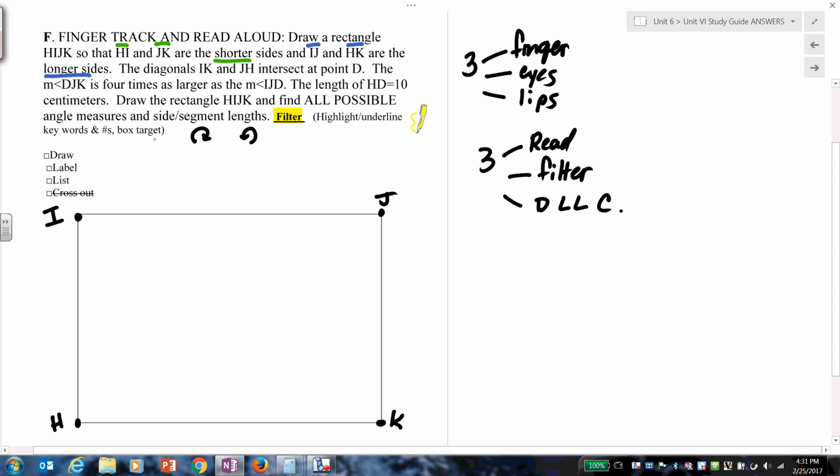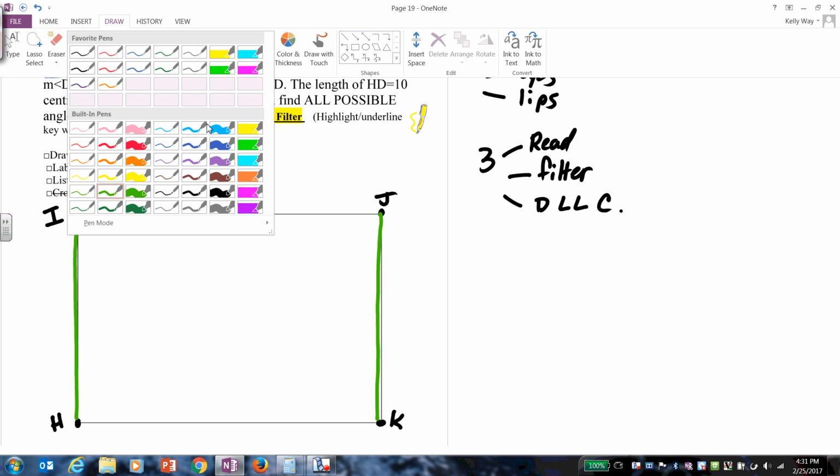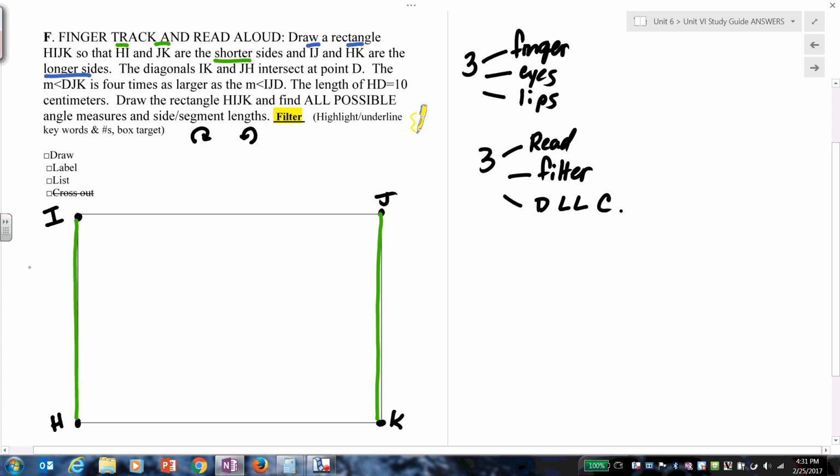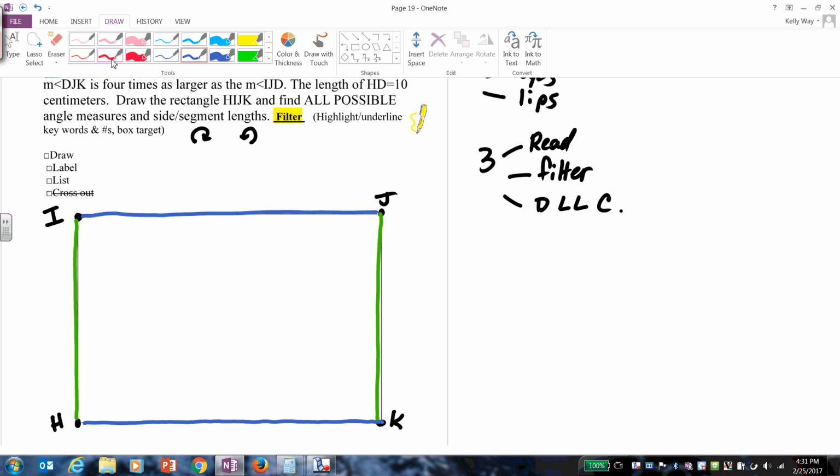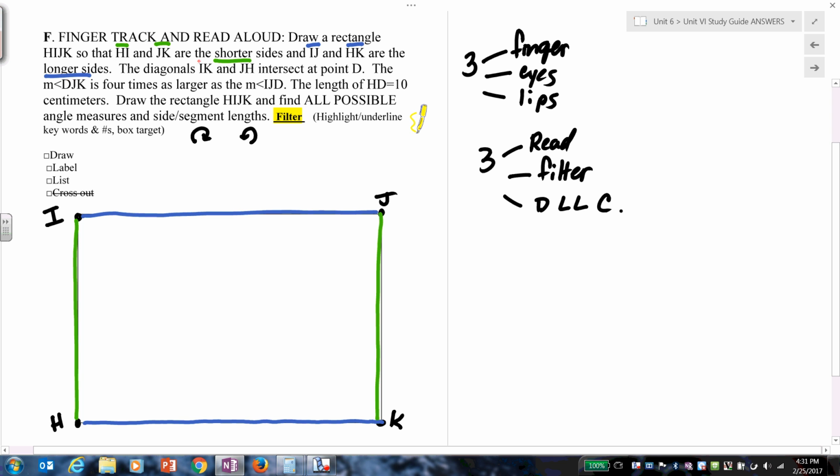Let's see if we did that right. HI and JK are the shorter sides. IJ and HK are the longer sides. We did that correct. Now we're going to draw in the diagonals, the diagonals IK and JH.